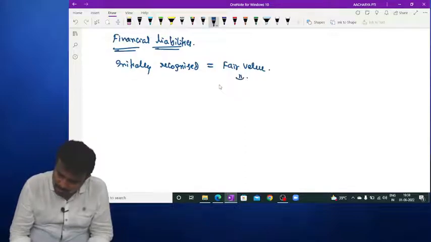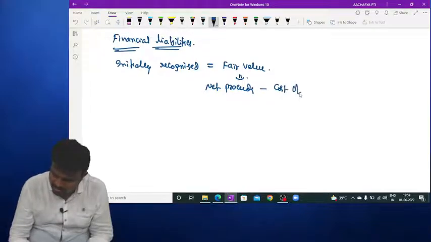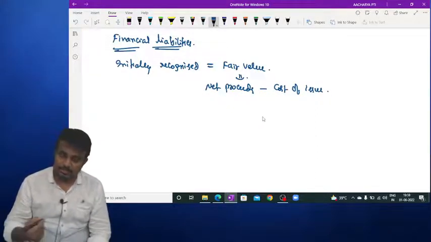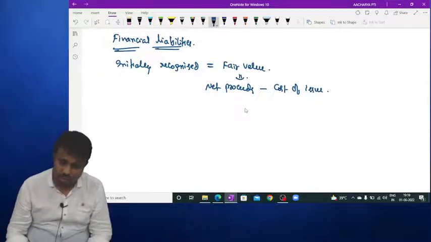So here the fair value is nothing but net proceeds minus the cost of issue, or the transaction cost of issuing the instrument.